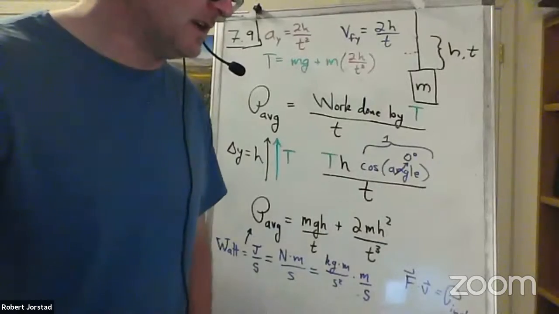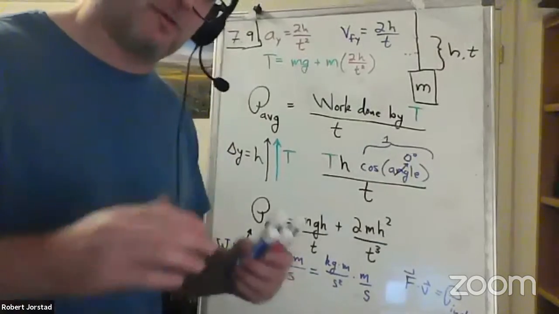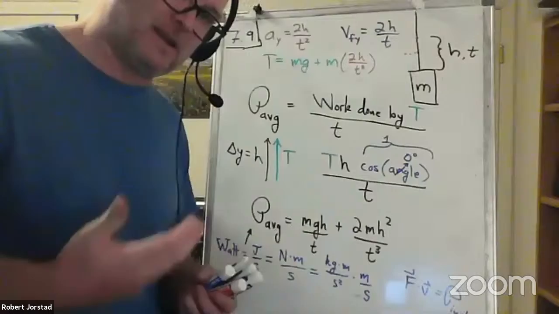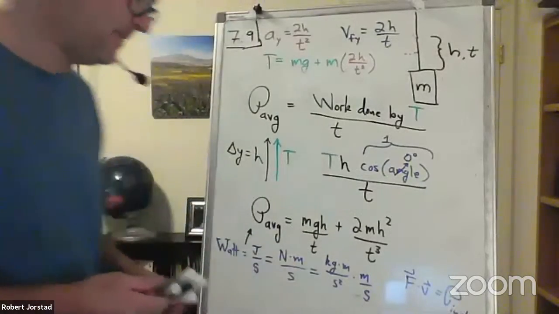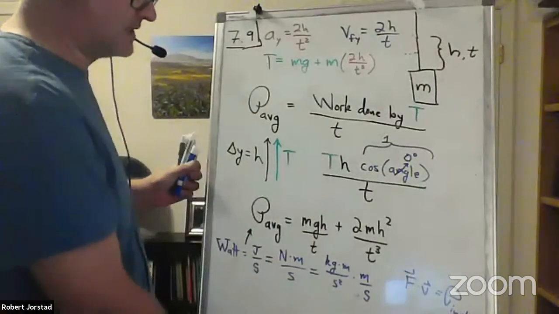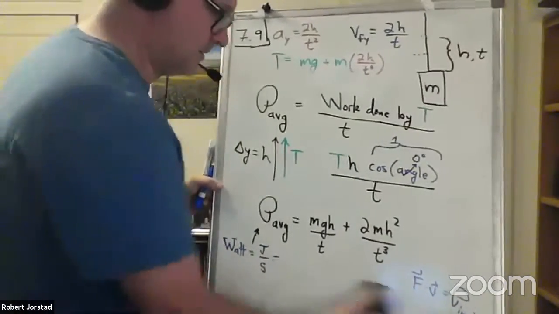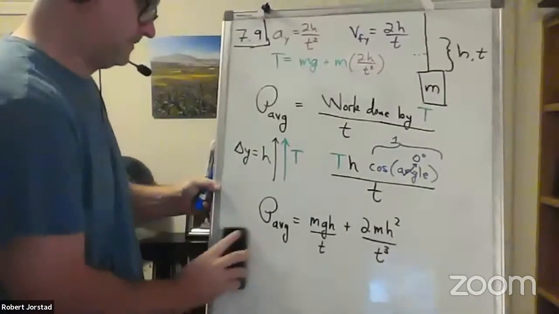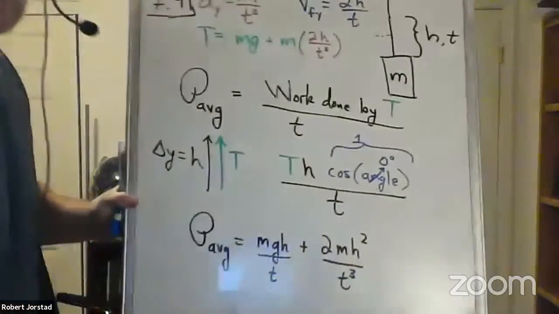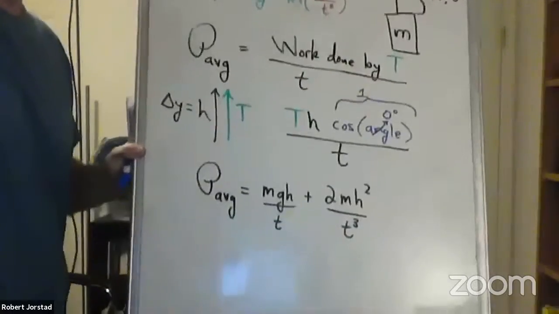And then lastly, part E says determine the instantaneous power at the second it reaches the top. And so I need to erase this. We've got our answer here, but I need just a little bit more room. And let's lower this down.